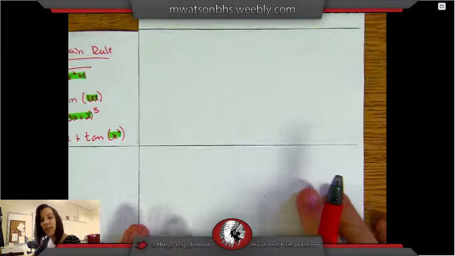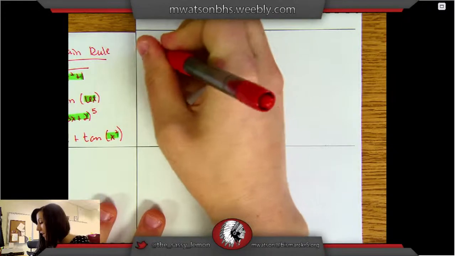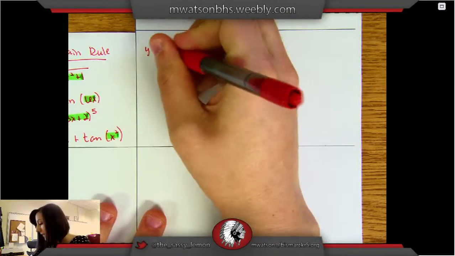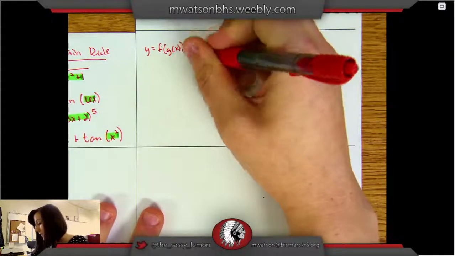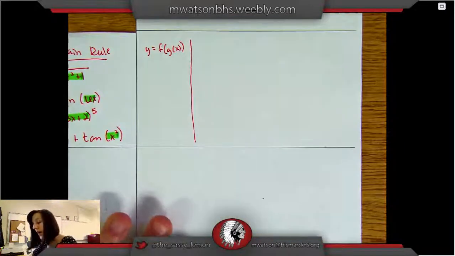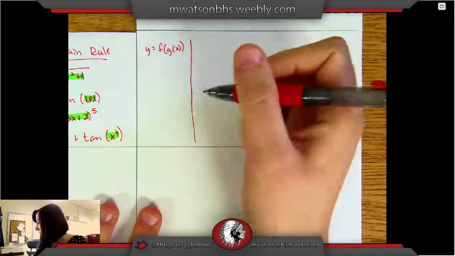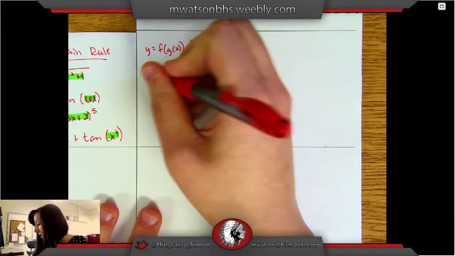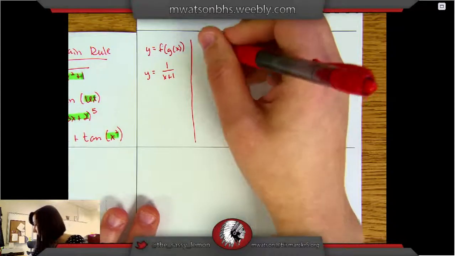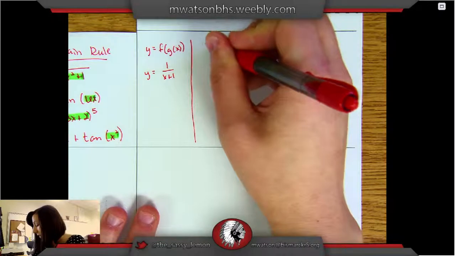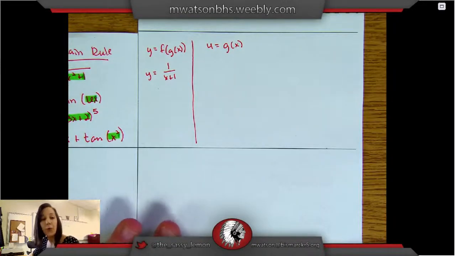So to actually decompose a function, we have to start with our composite. So say we have y equals f of g of x. That just means you've got a function that is composite. So for example, say we have y equals 1 over x plus 1. Well, we have to be able to pick out the inside function, g of x, and we're now going to start calling that u.